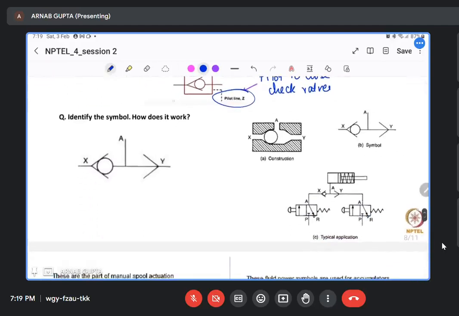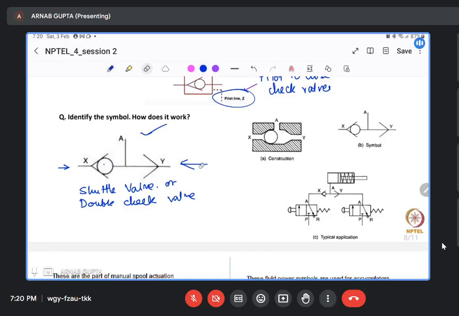Okay, by the symbol, this is also known as a shuttle valve or double check valve. How does it work? There will be flow from both X and Y directions. The ball will slide from the side where the pressure is higher to the other side where the pressure is lower, and hence flow will be dominating from that particular end.